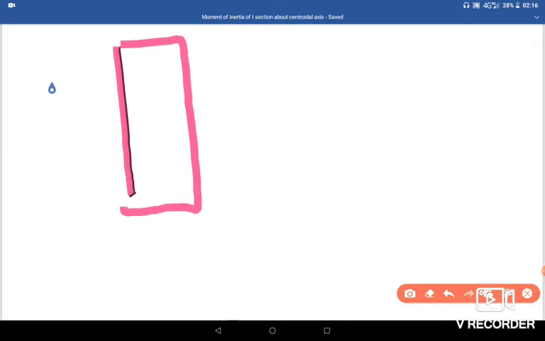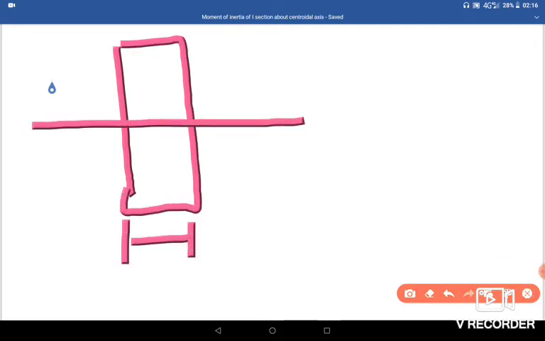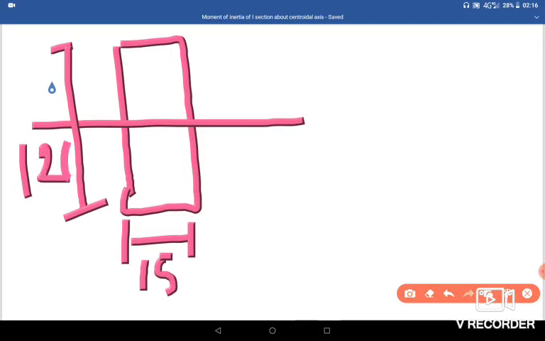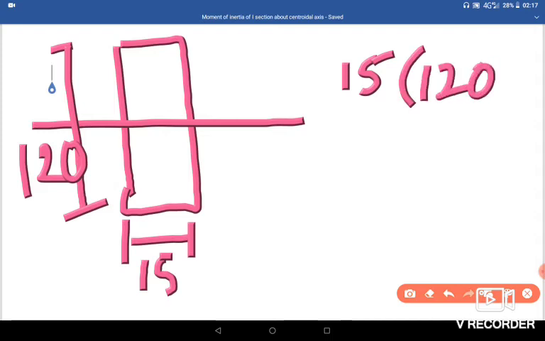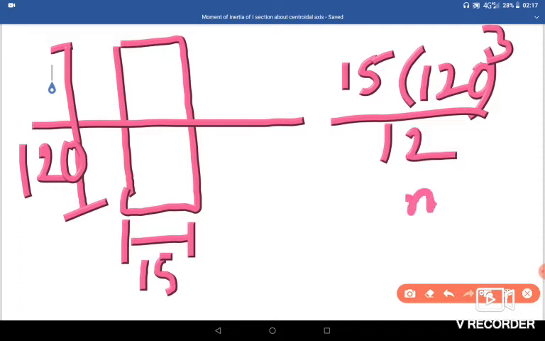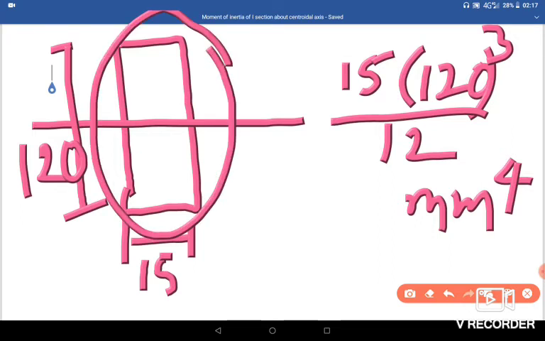I know the formula bh cube by 12, where b is given as 15 and h is given as 120. So it is 15 into 120 cube by 12 millimeter to the power 4. This will be the moment of inertia of section A2 about the axis XX.